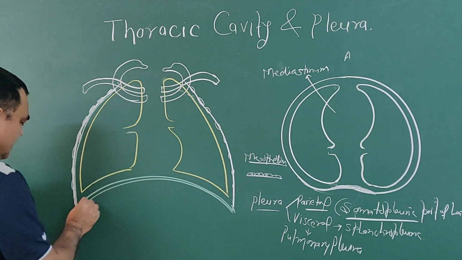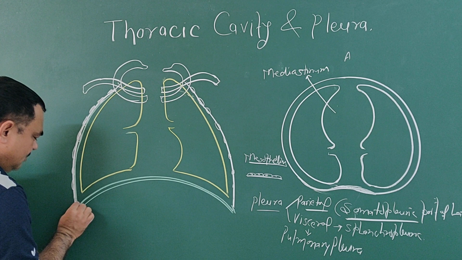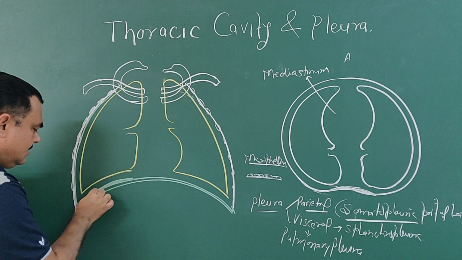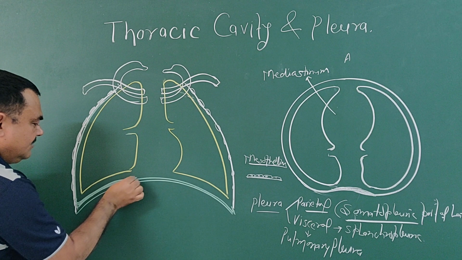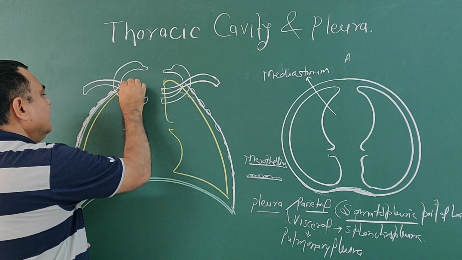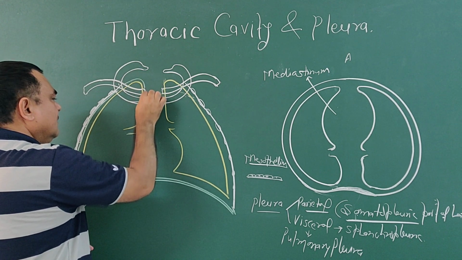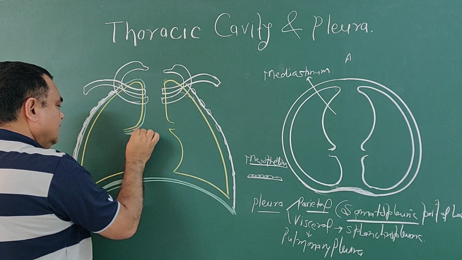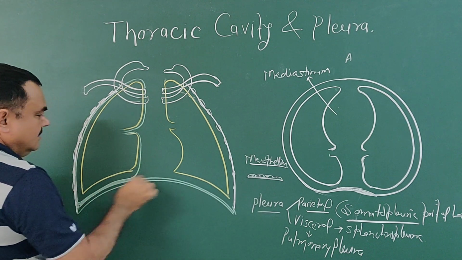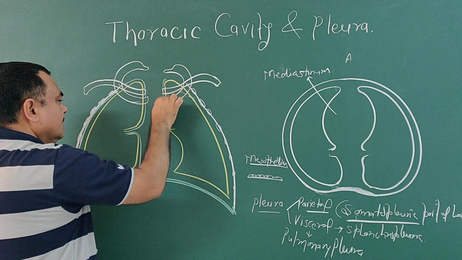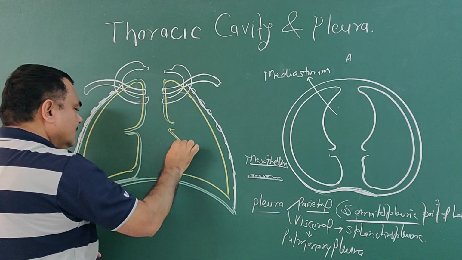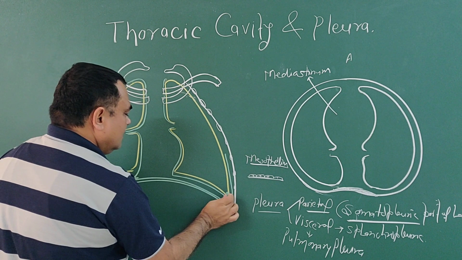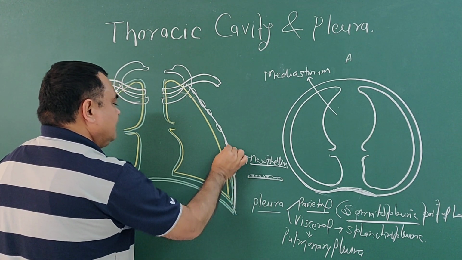Here is the endothoracic fascia, and this layer is also attached to the diaphragm here.